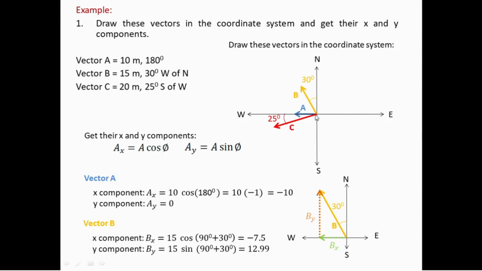So if your vector A is 10 meters, then you should draw vector B in such a way that it represents 15 meters. So it should be longer than vector A, because again, vector A is just 10 meters while vector B is 15 meters. So you just use some scaling in your ruler.